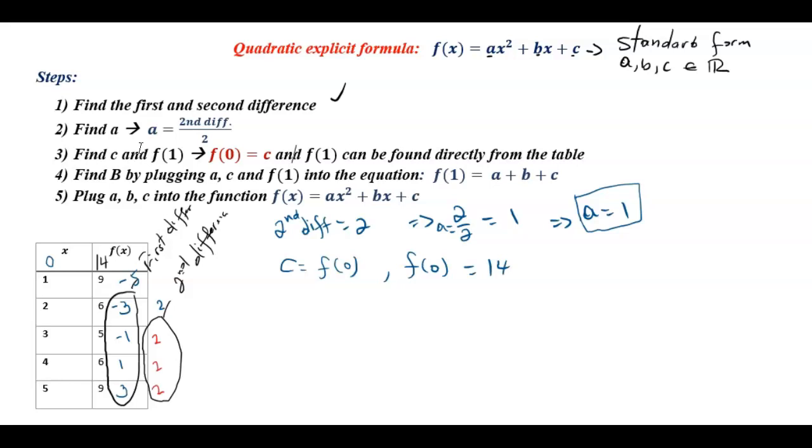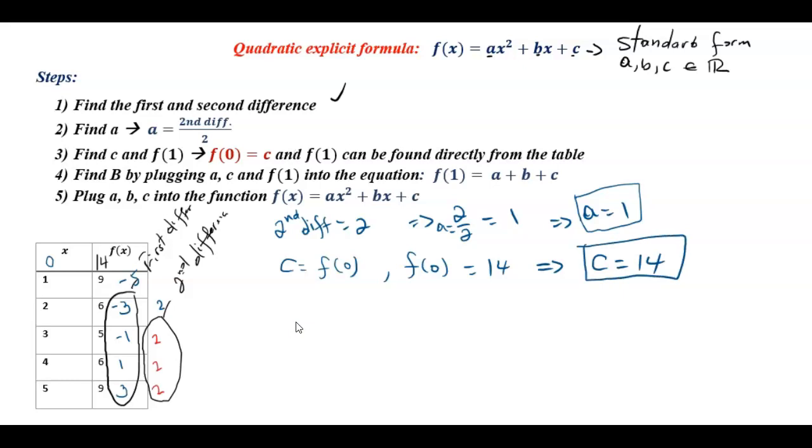So when x is 0, f of x is 14. So if f of 0 is 14, therefore, we can say the value of C will be 14. Okay, so now I have the value for C.